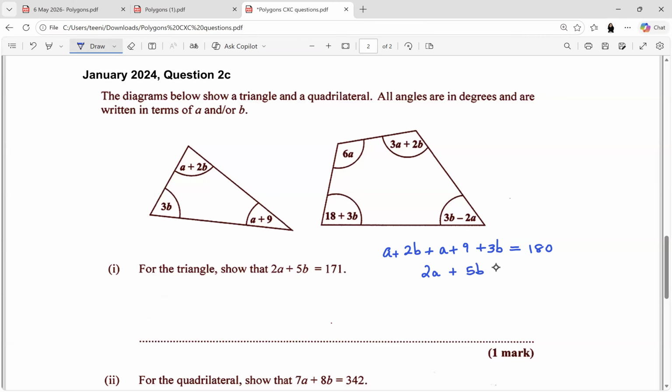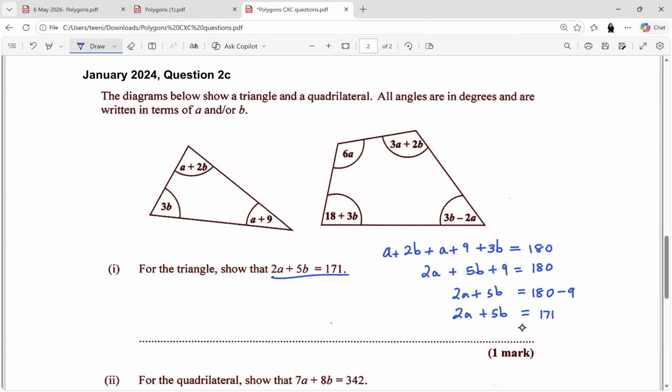And 9 is the only constant there, so that will be 2A plus 5B plus 9 is 180 degrees. And so 2A plus 5B is equal to 180 minus 9, which gives me 2A plus 5B equals 171. See, and that's what I had to show.